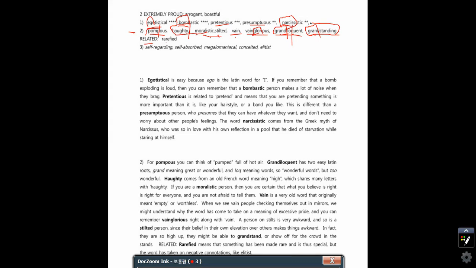So talking to a big crowd and acting like everybody's listening to you and you're extremely important. That's grandstanding. And then related is rarefied, which doesn't necessarily mean extremely proud, but it does mean kind of elite or rare or specialized. Usually rarefied has to do with spread out or literally made rare. All right, let's move on to the next page.